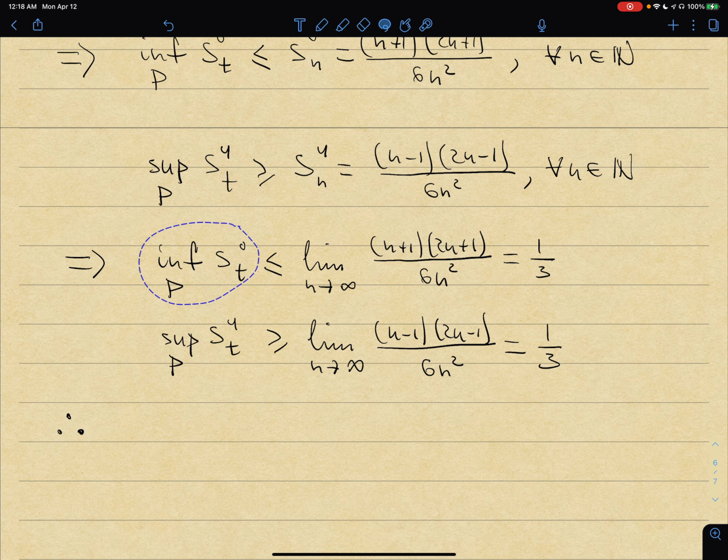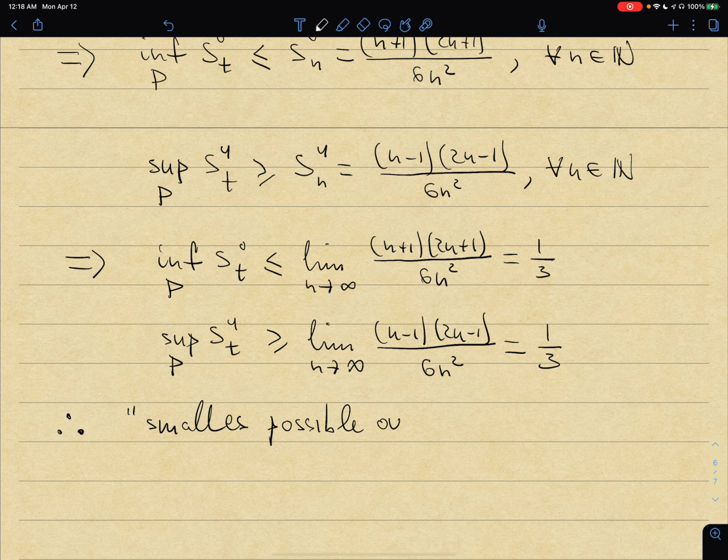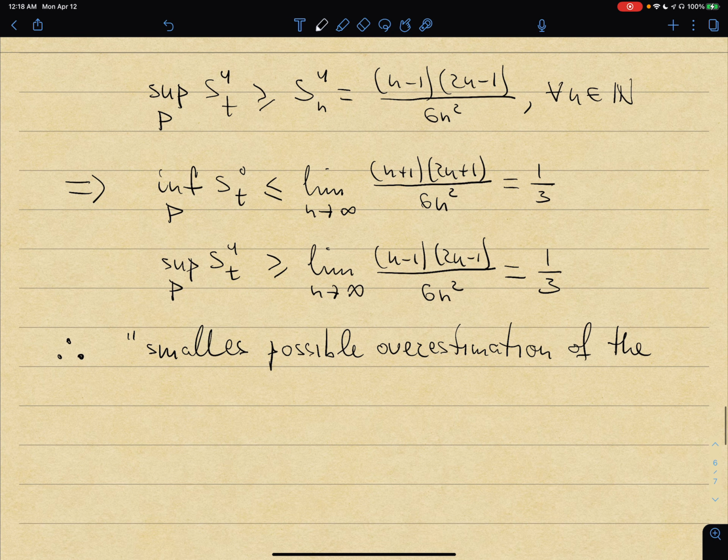So if I take the infimum of all overestimations, then I'm saying that the smallest possible overestimation of the area under the graph, or of the integral from 0 to 1 of x squared dx, is equal to 1/3.